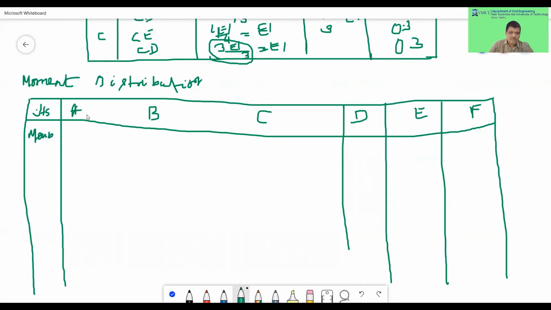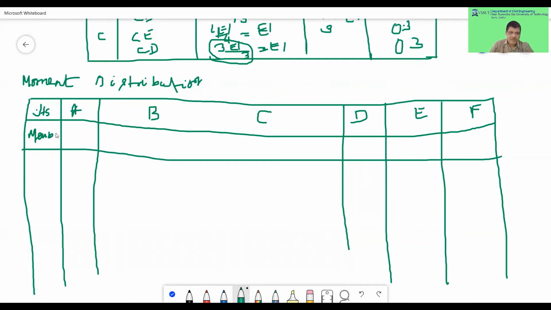In the span A, the member is AB, and here the member is BA. There are also two other members, BC and CB. BA, BC.